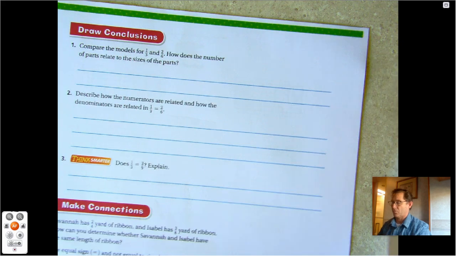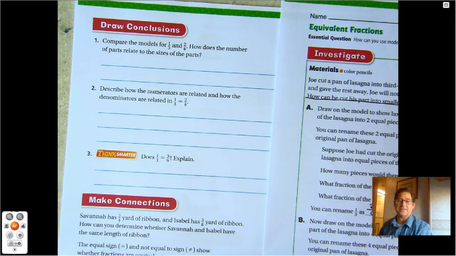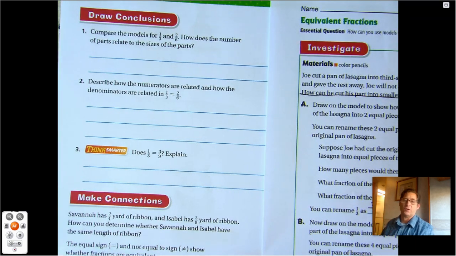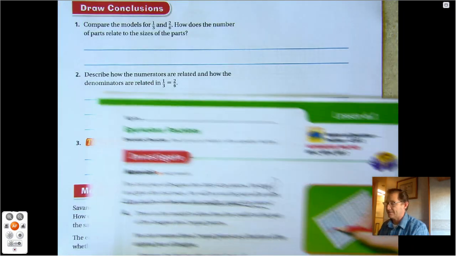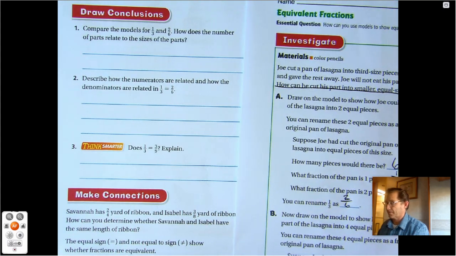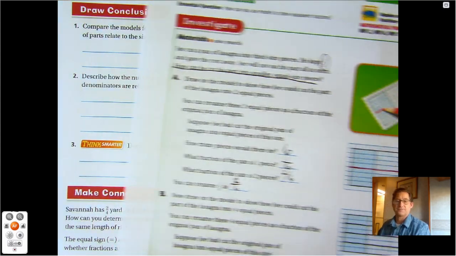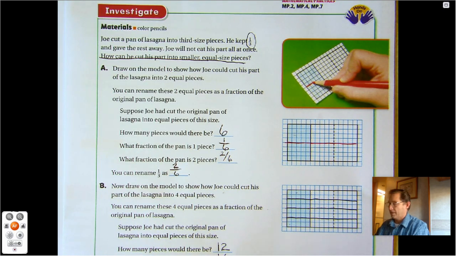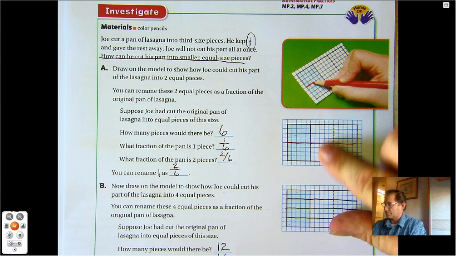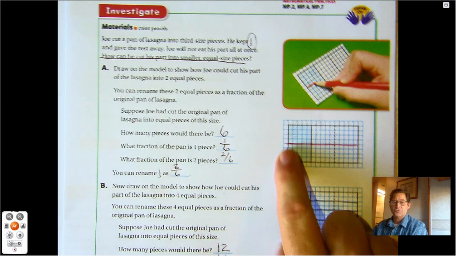Compare the models for 1/3 and 2/6. How does the number of parts relate to the sizes of the parts? So originally we had 1/3. And then we made it into 2/6.